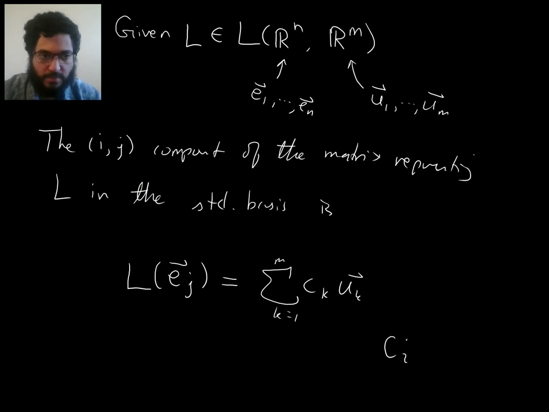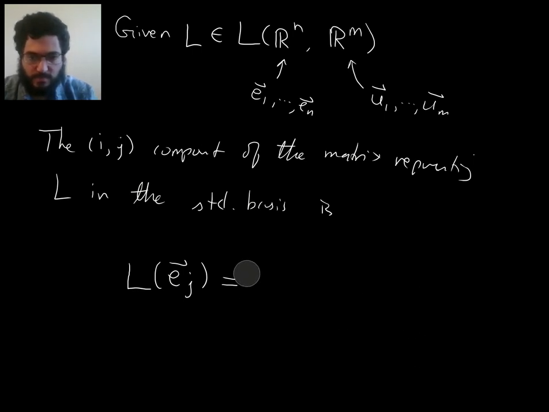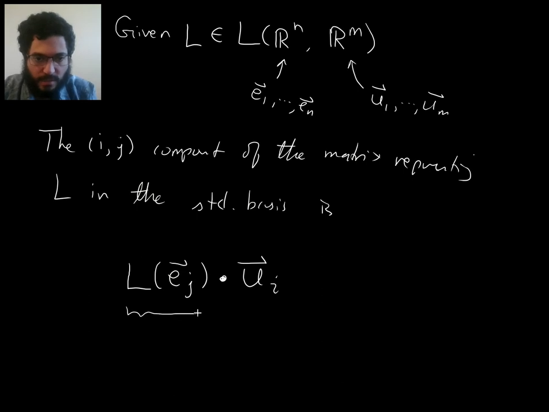But there's a way to extract C_i, which is to take a dot product with the ith standard basis vector. So this works because the standard basis is an orthonormal basis. So I can just say dot u_i, and when I dot product this m-tuple with this, it extracts the ith component.